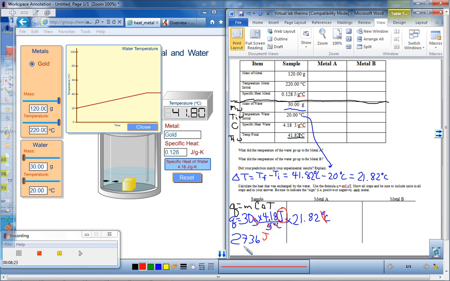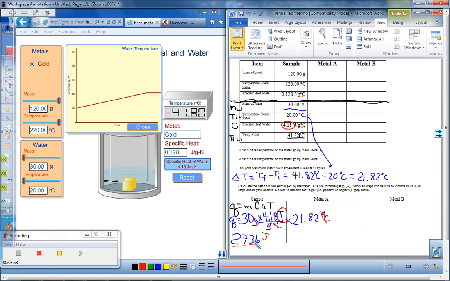There we go. Now I want to look at my significant figures here. Let's go through our significant figures. That's 1, 2, 3, 4, 5. 5 significant figures. Here's 3 significant figures, 1, 2, 3. Even though I'm not using these numbers, that's the same down here. There's only 3 significant figures in my specific heat. So that will limit how many significant figures I have. So I have 2,700, and so that's 3 significant figures, 1, 2, and 3.